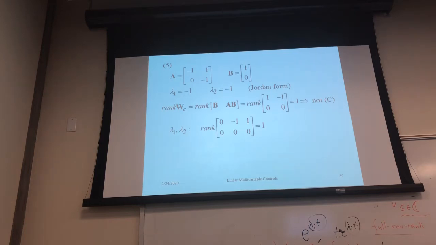The last row corresponding to the Jordan block should be non-zero. Then it's controllable. Now it is not controllable. But if I put 1 here, 0 there, you flip it, then everything's controllable. So very surprising.